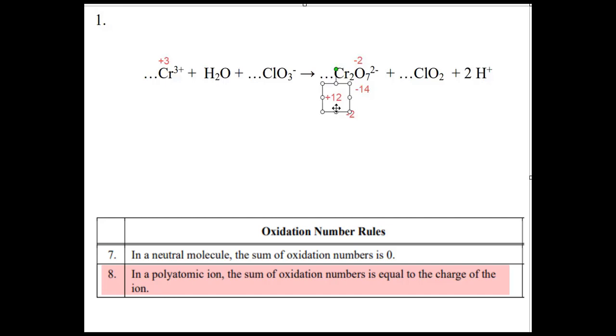So let me get that number there underneath the chromium, and I'll even get my little stamp. I'll grab this, and pull it out, and stretch it out, and turn it around. The +12 and the -14 have got to add up to a -2, and I'll stretch that out some here.